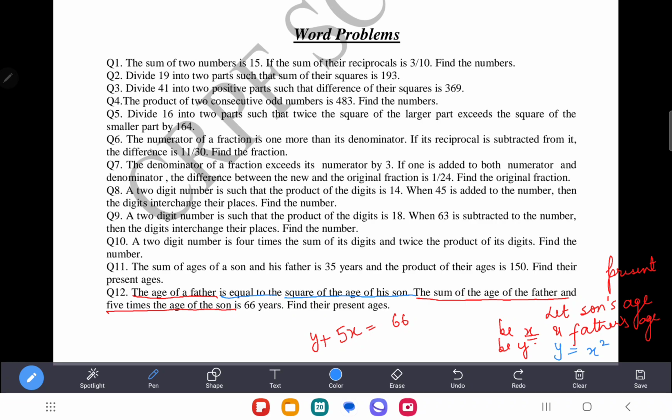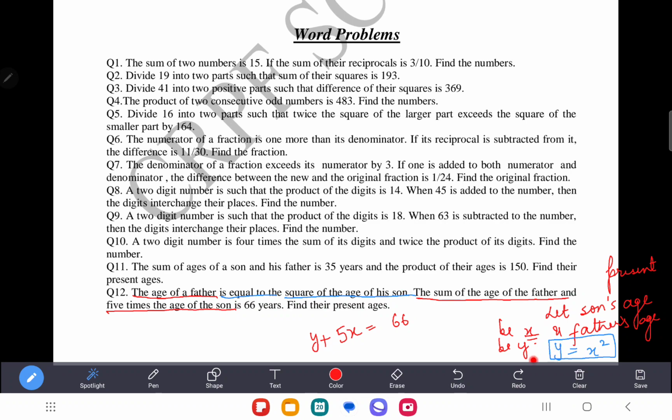What is the father's age? y. So y equals the square of the age of his son, y is equal to x square. The father's present age is the square of the son's age. That's what my first statement is telling me. Are you understanding?